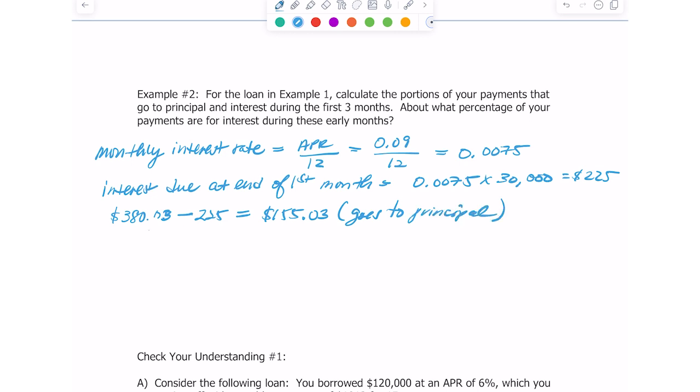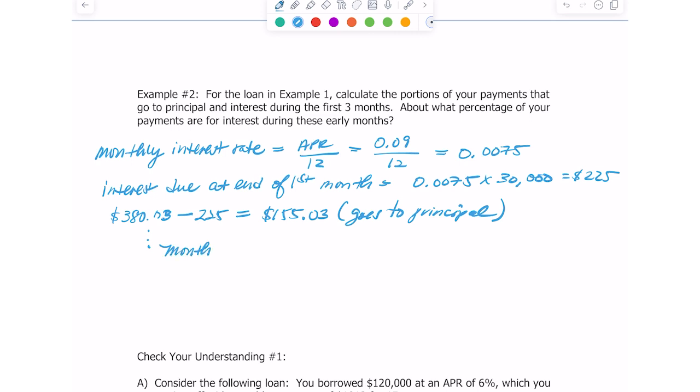And you would continue on here to figure out what the amount towards the principal would be for each of those. So then you would take the $155.03, and for month 2, you would get $156.19.